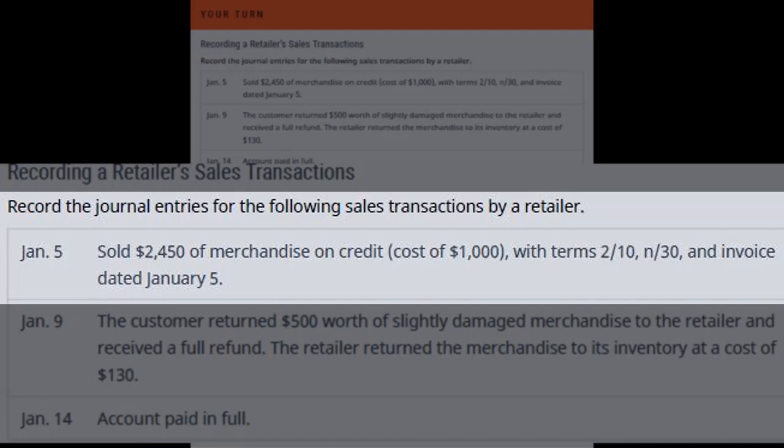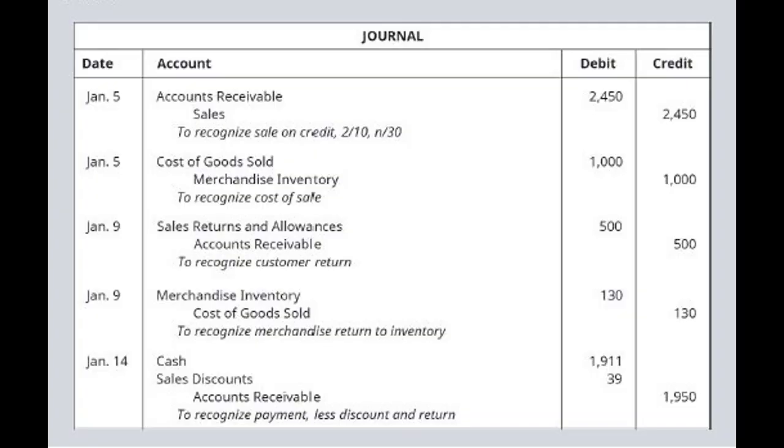Buy something for $1,000, sell it for $2,450. Nice. Two different things happen. The customer promises to pay you $2,450 at a later date. The asset accounts receivable increases by $2,450. Your value increases by $2,450, and we call that increase sales revenue.